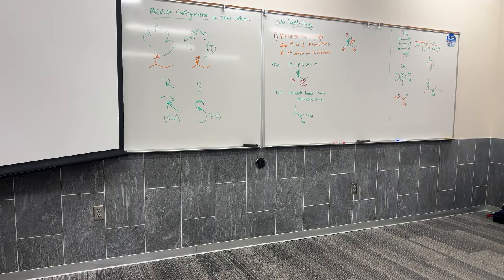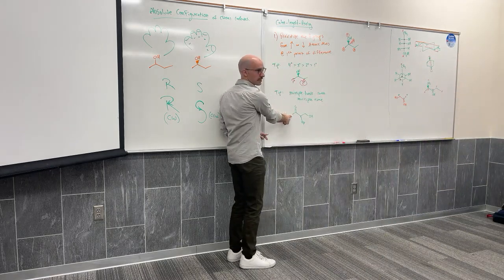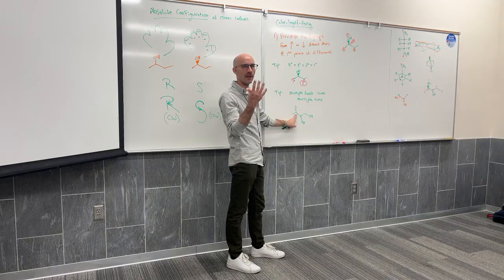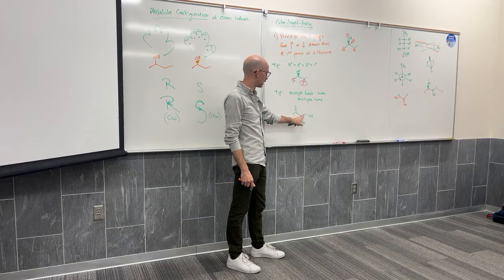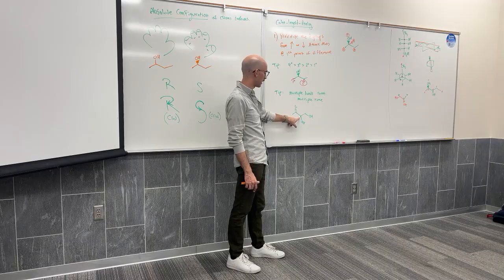They'll give a mirror plane. This is achiral, CH3. It's not even bonded to 4 things. It's bonded to 3 things. Can't be a chiral center. And this is achiral because it has a CH2. So this is my chiral center.